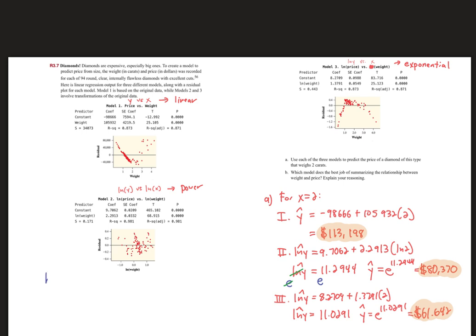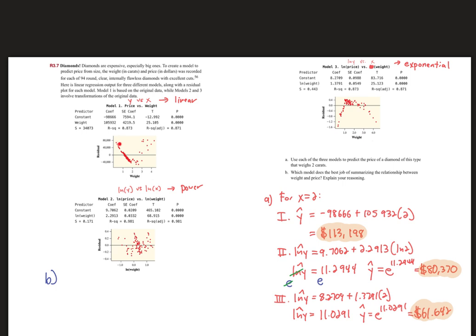Okay, and then for part B, they say, which model does the best job summarizing the relationship between weight and price, and explain your answer. There are 3 things to look at. The scatter plot, if there's one given. Here there's not one given, so we won't look at that. We'll look to see which one has the most random residual plot.